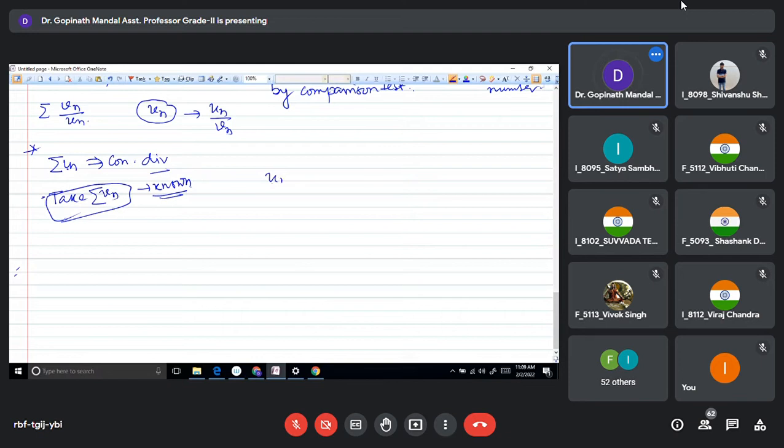Then you apply the ratio comparison test by taking un by Vn. You have to check whether un is convergent or divergent and take a series Vn which is known to you. Then you apply the comparison test. Okay.